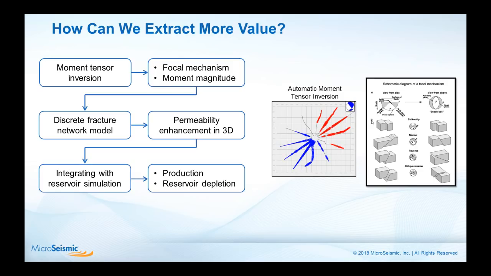Focal mechanism describes the strike, dip, and rake vector of the fracture, while moment magnitude correlates to the created fracture surface area. I'll explain how this information is used to construct a DFN and calculate permeability enhancement in the reservoir, all the way to estimating production and reservoir depletion using a reservoir simulation workflow.